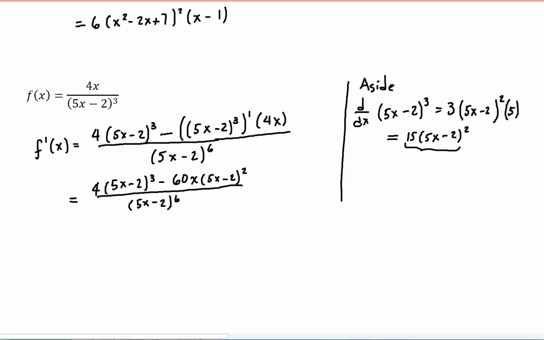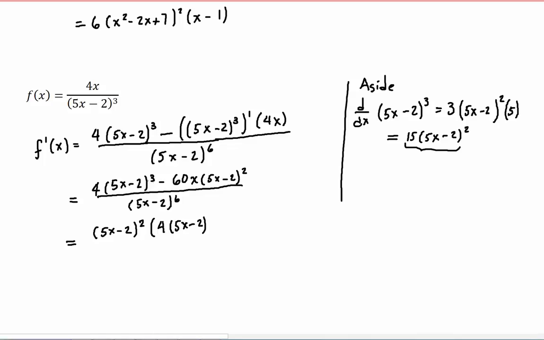Now, notice here that everyone has a 5x minus 2 to a certain power multiplied. So let's factor out and cancel. Let's take a common factor on the numerator, 5x minus 2, and the smallest exponent is going to be a 2. So let's copy that 2 and factor out. The first term gives me 4 times (5x minus 2).